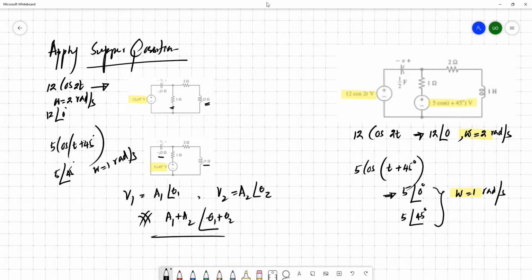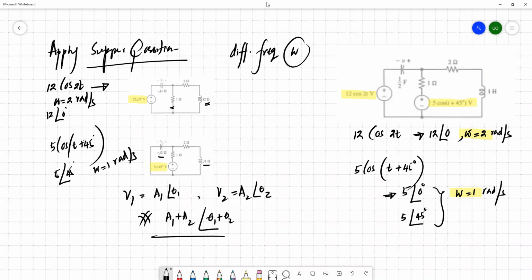For this case, you have different sources, but keep in mind, different sources with different frequencies, so different omega. If you have the same omega, you don't need to do this superposition, because the impedance of the circuit remains as it is, so you don't need to worry if multiple sources have the same angular frequency.